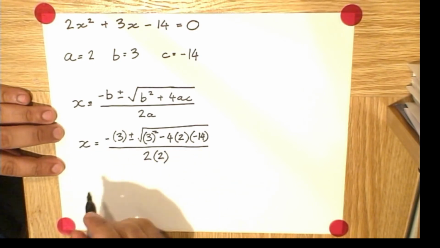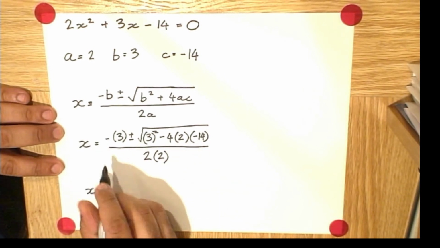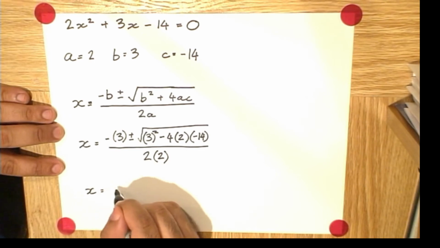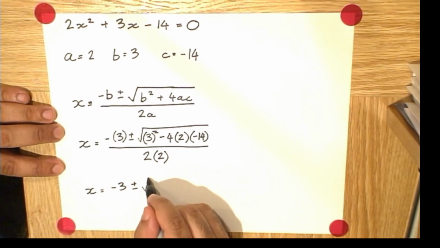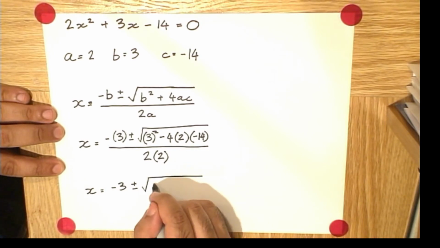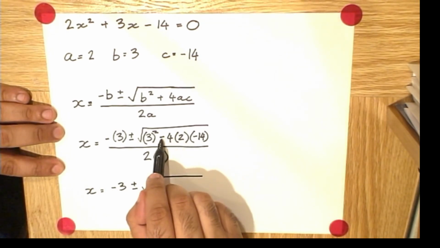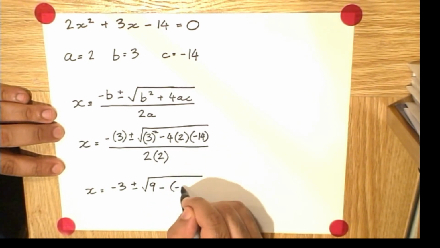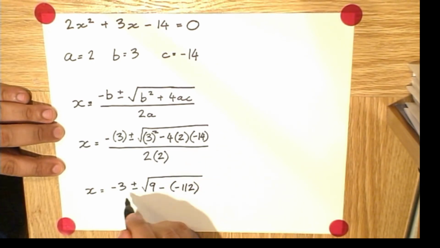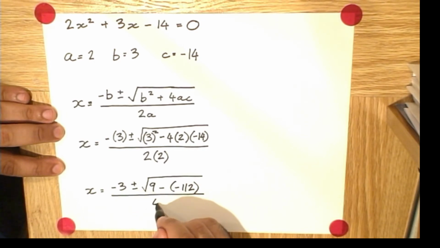Let's start simplifying this. This is just a negative 3 plus or minus. Now, 3 squared is 9 minus 4 times 2 times negative 14, which is negative 112. All of this is divided by 4.